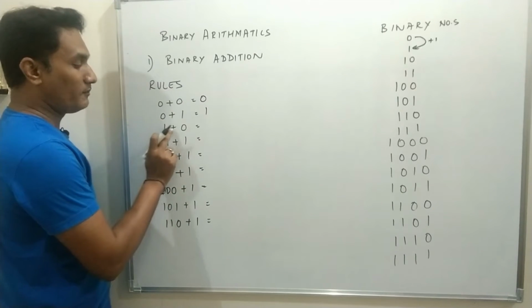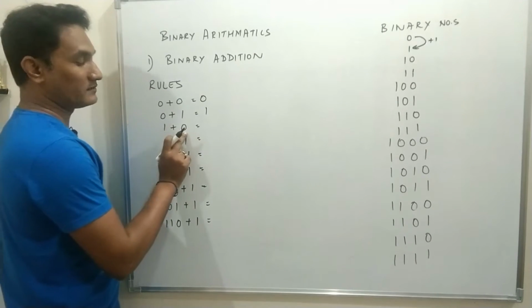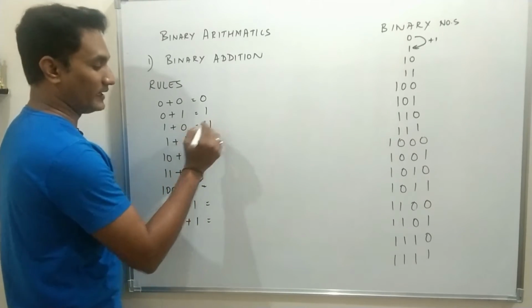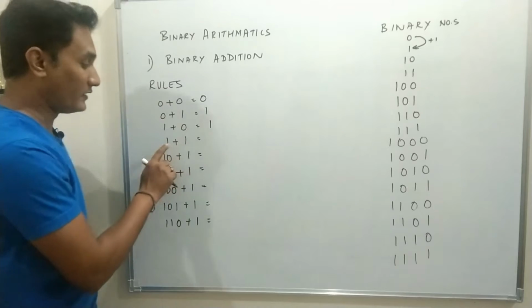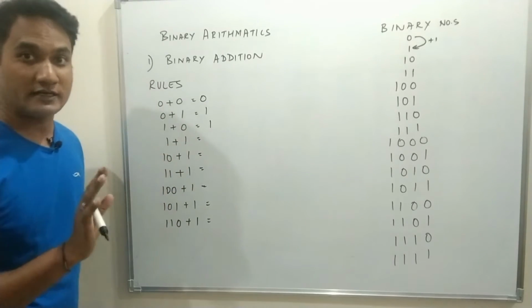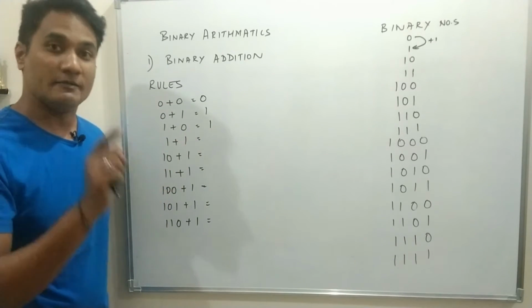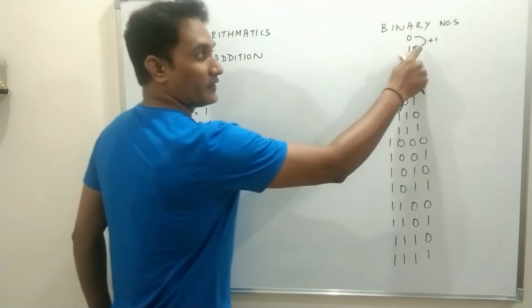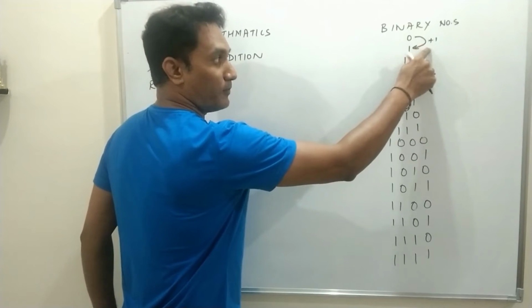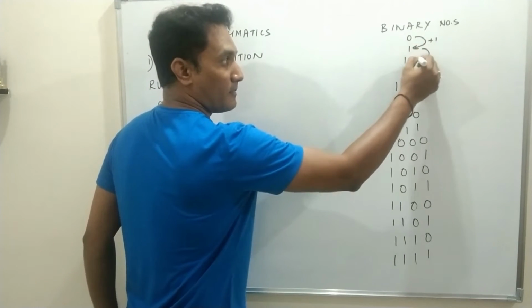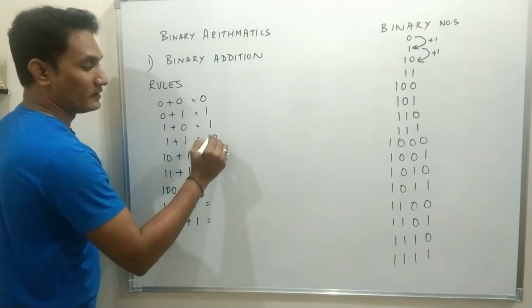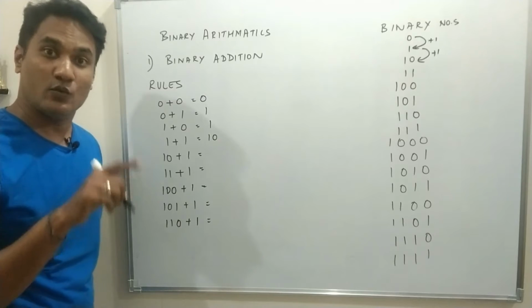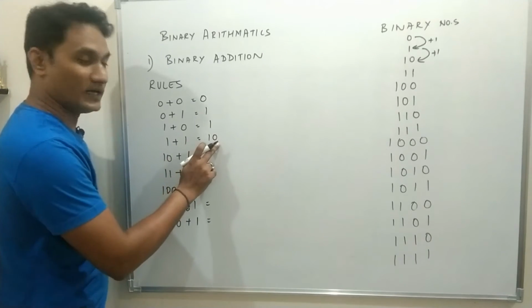Then 1 plus 0 will be 1. Then 1 plus 1, see this is very important. Of course it is not decimal, so it will not be 2. In binary it will be the next higher number, that is 10. So in binary 1 plus 1 will be 10.